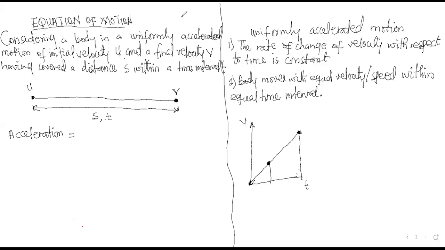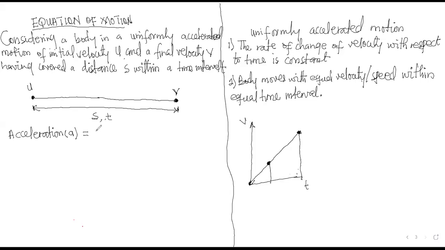Okay, Marilyn, go ahead. Acceleration is the final velocity minus the initial velocity over time. Thank you. So V minus U, and since we are developing concepts, let's be systematic.